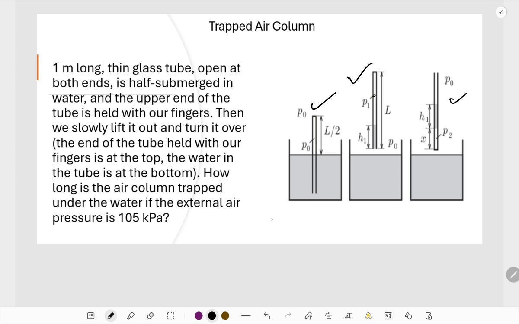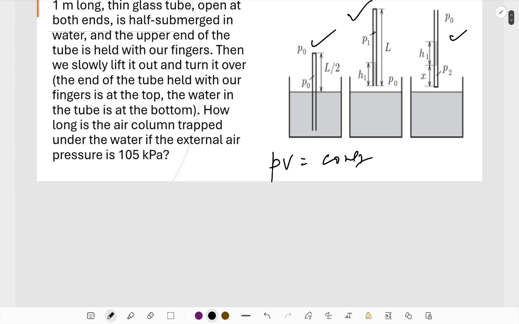So we are willing to use the famous Boyle's law, PV equals constant, and its pressure will change as its volume has changed. We would like to write Boyle's law here, in both the conditions.